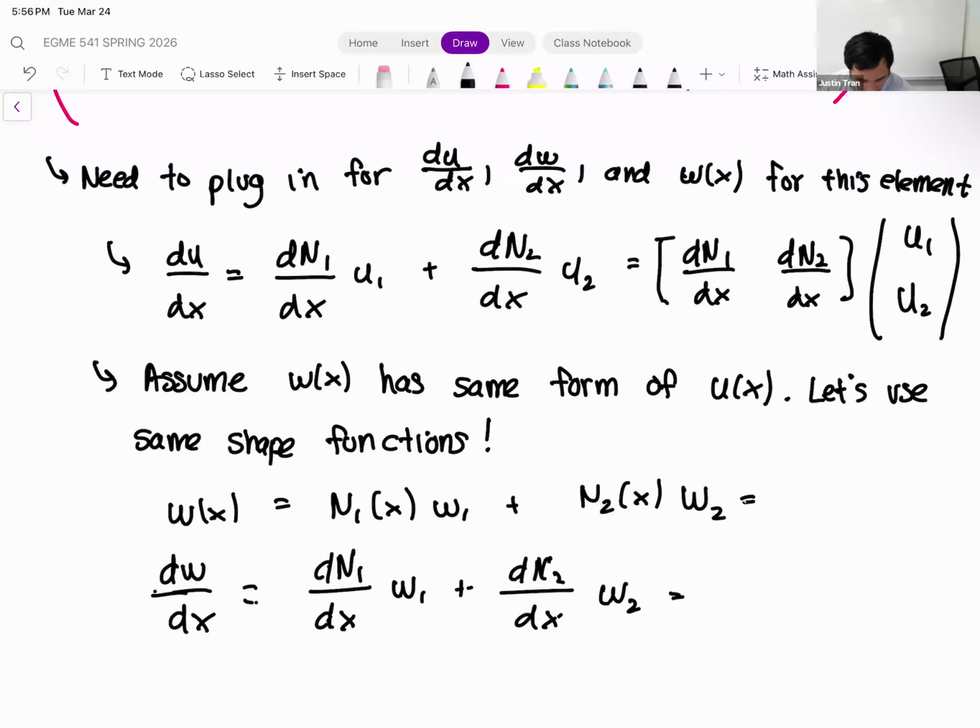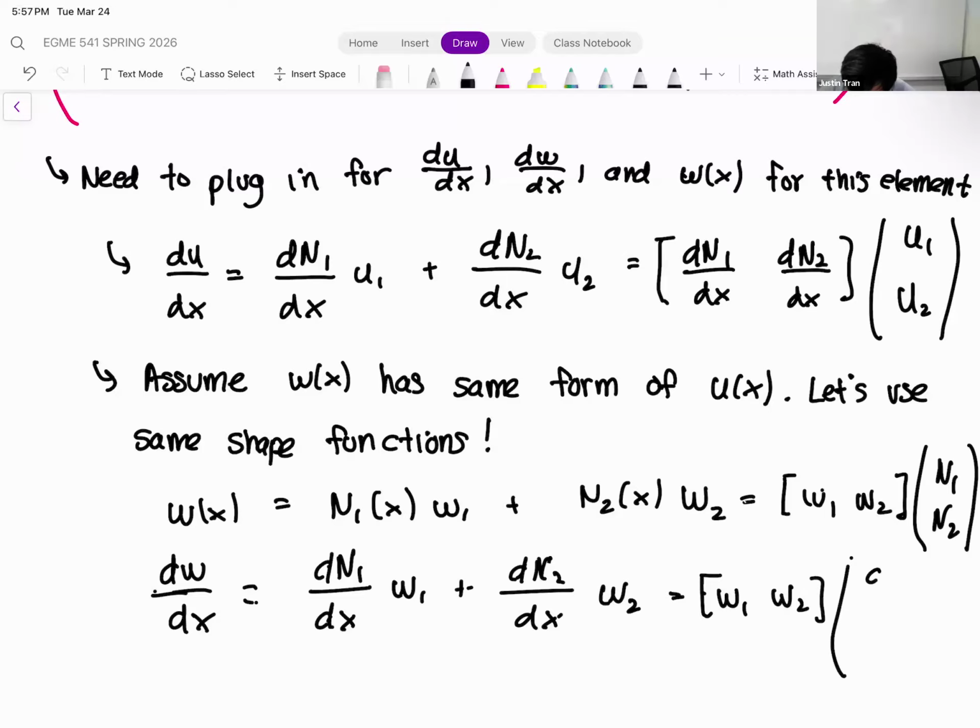To put this in vector form, we're going to do row vector w1, w2 multiplied by column vector N1, N2. And for the derivative, we have a row vector w1, w2 multiplied by column vector dN1/dx and then dN2/dx.